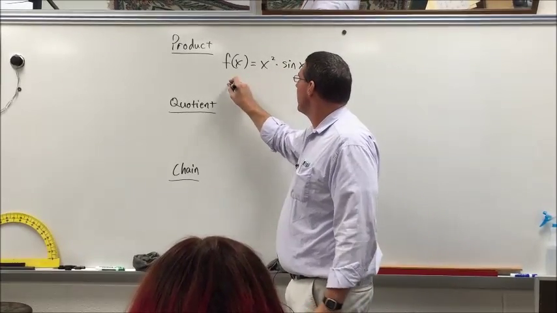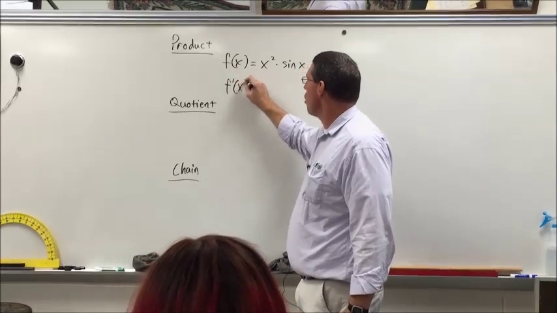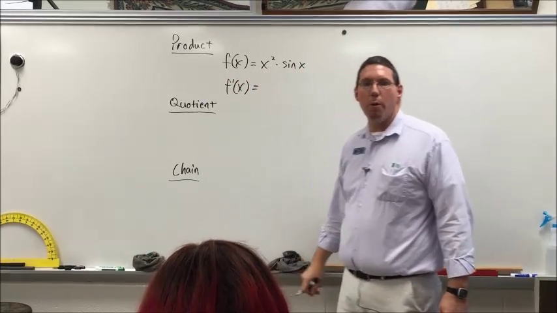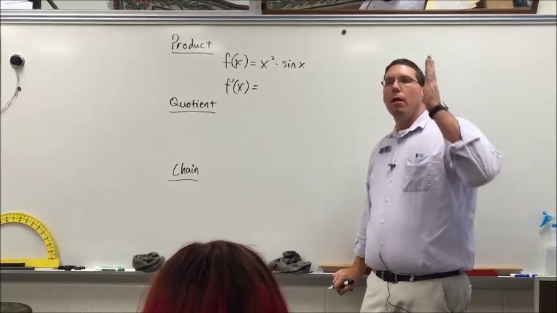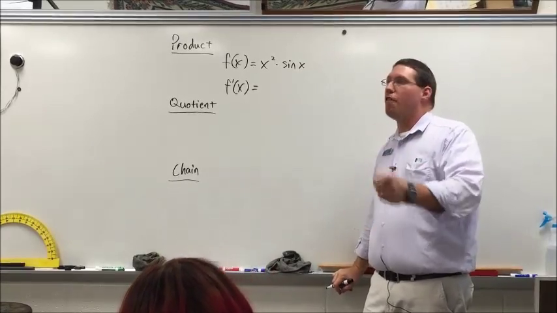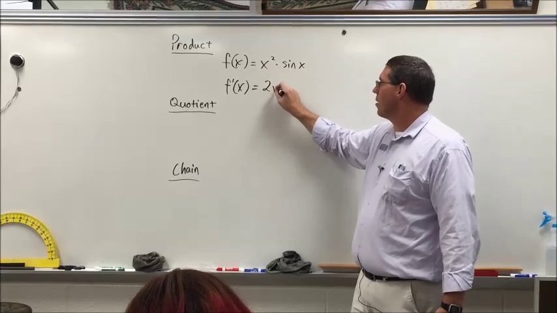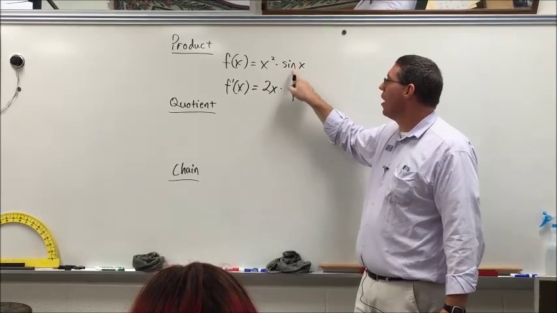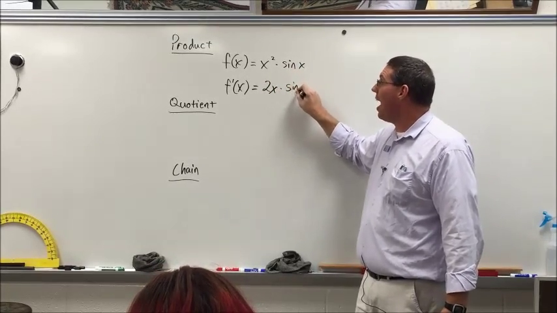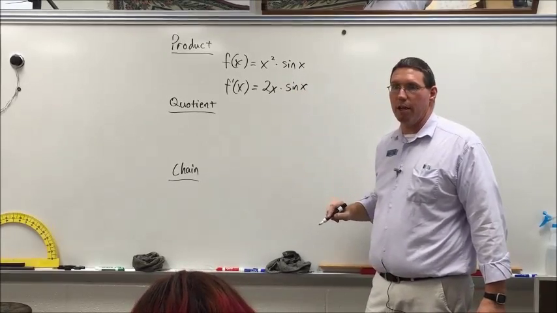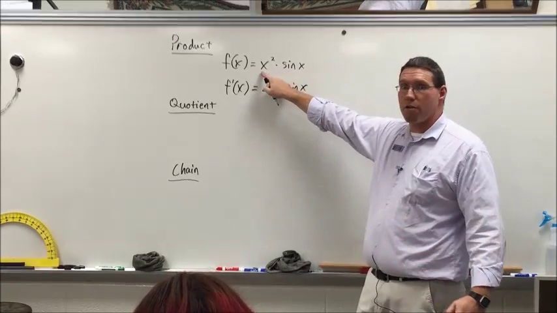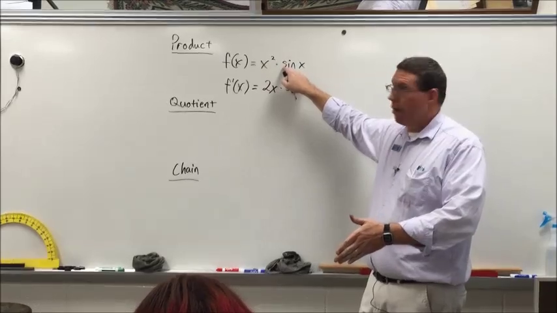And if you want to identify the derivative, f prime, the derivative is going to be the derivative of the first function, 2x, times the second function, not times the derivative of the second function. It's the derivative of the first times the second, okay?